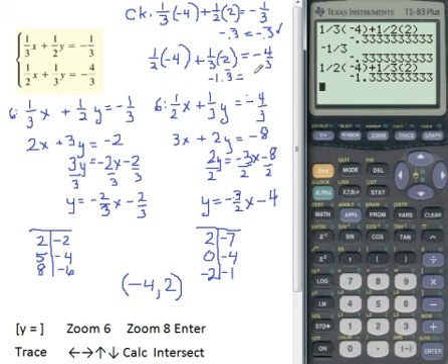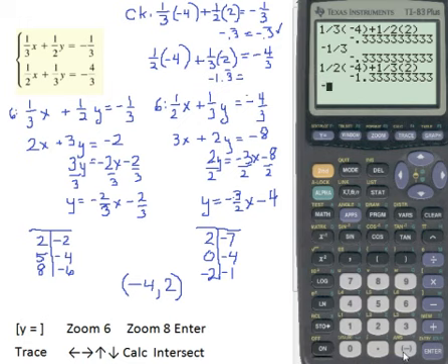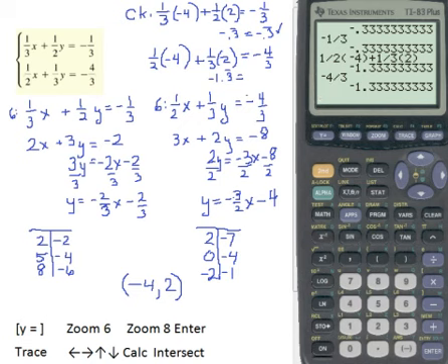And on the other side, negative 4/3, negative 4 divided by 3, enter, is the same number. So it checks in both of them because it makes the left side equal to the right.